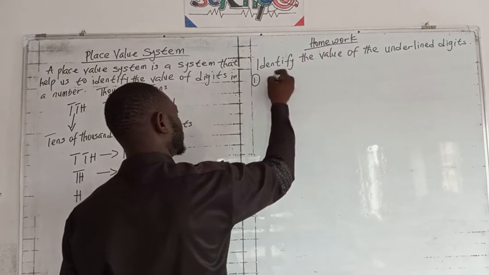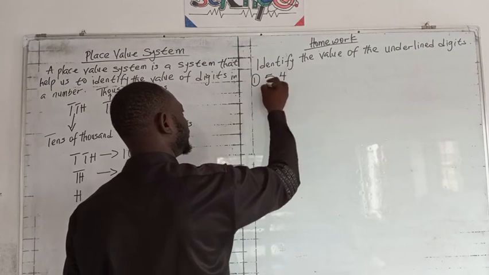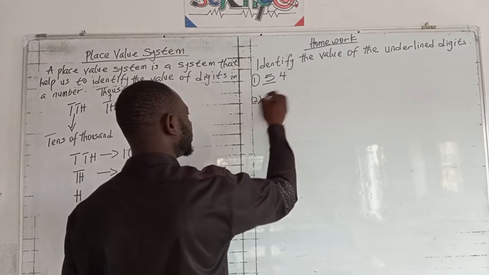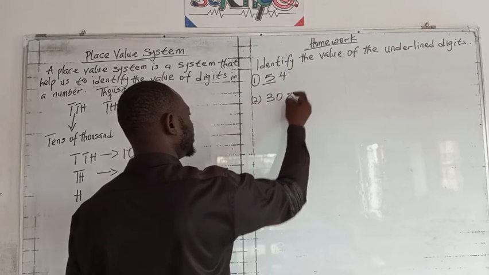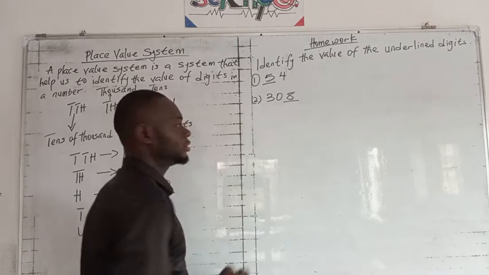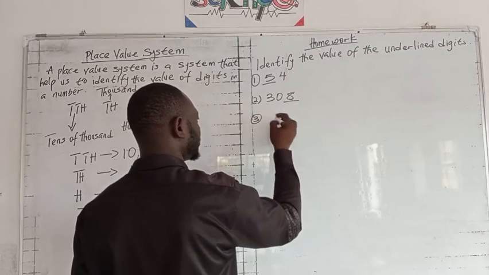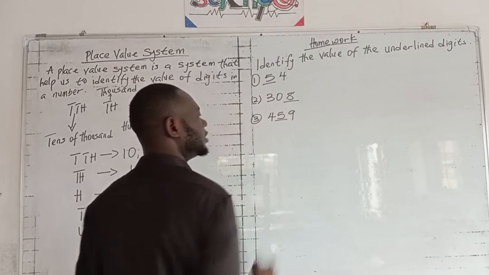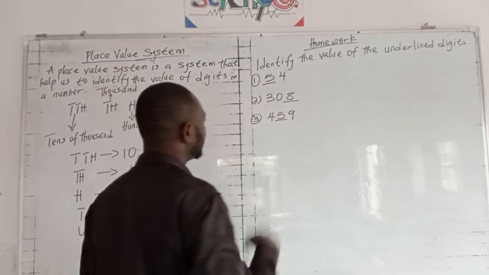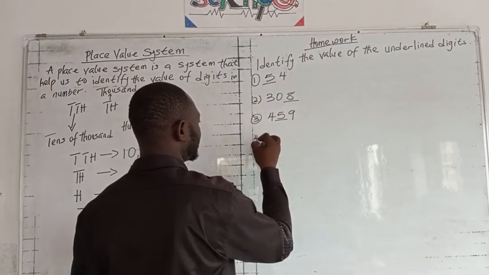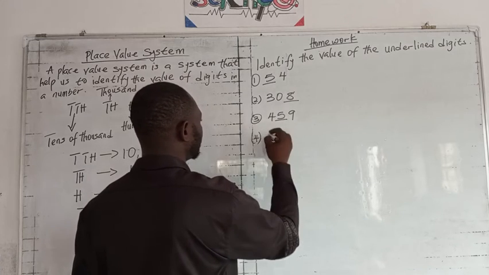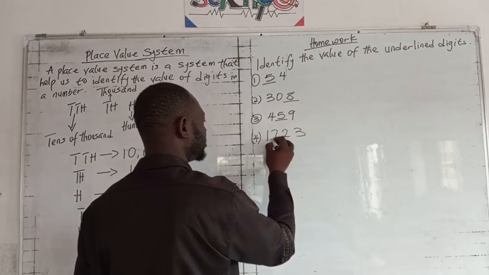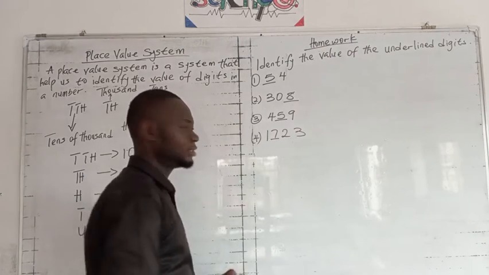Number 1, 54. 5 is underlined. Number 2, 308. 8 is underlined. Number 3, 459. 5 is underlined. Number 4, 1,723. 7 is underlined.